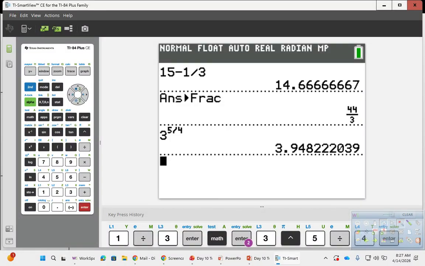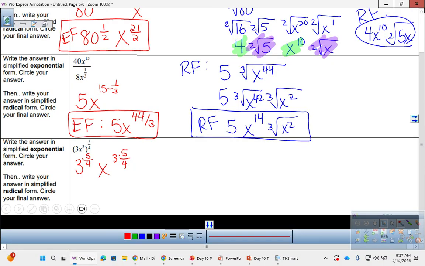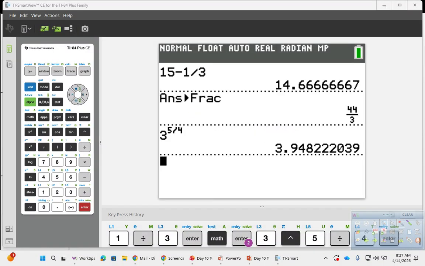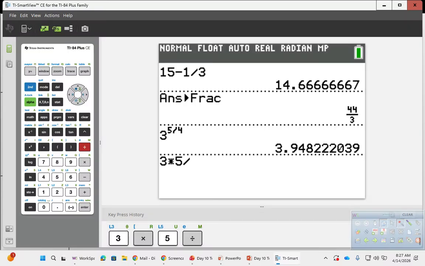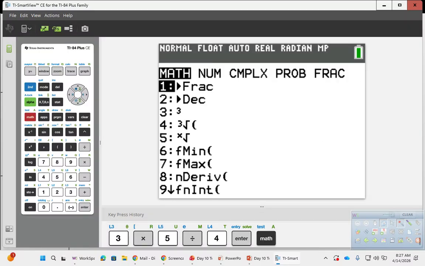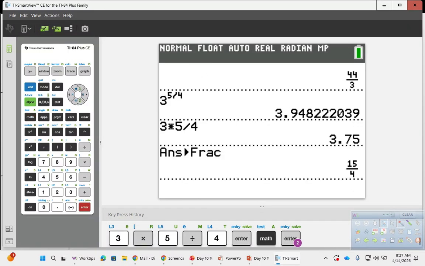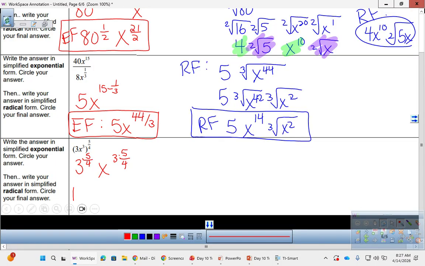That's a decimal, so I'm going to leave it as is. And then 3 times 5/4, that's a decimal too. So 15/4. So my exponential form is 3 to the 5/4 x to the 15/4.